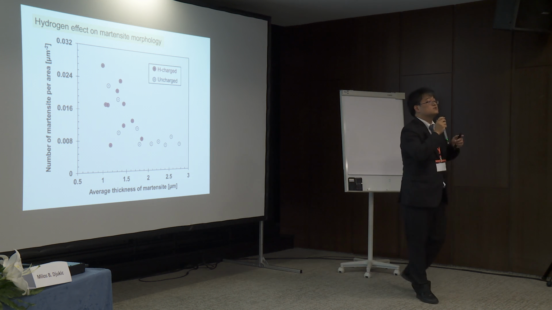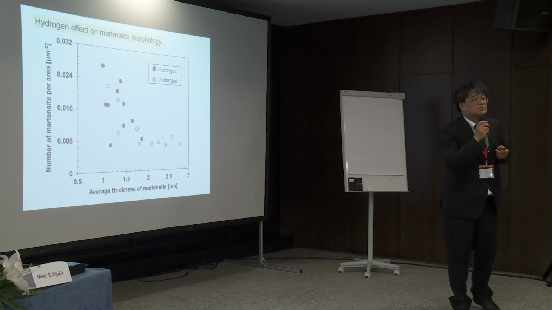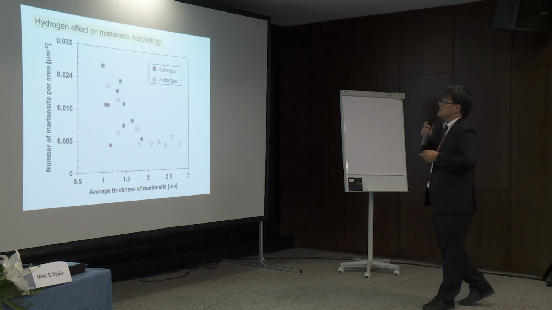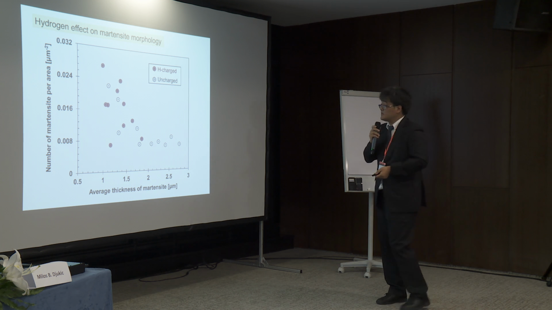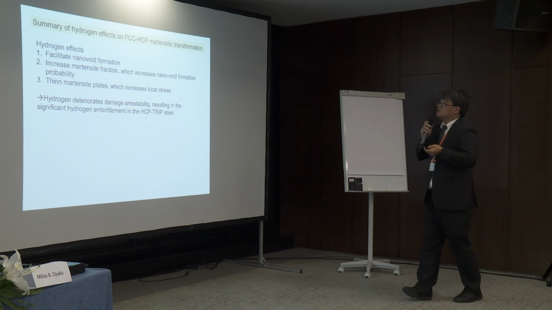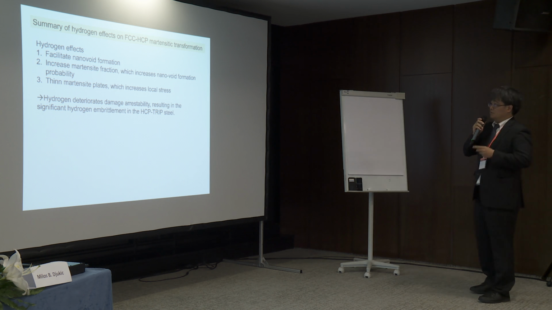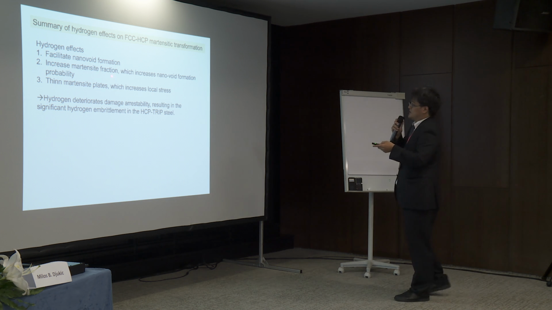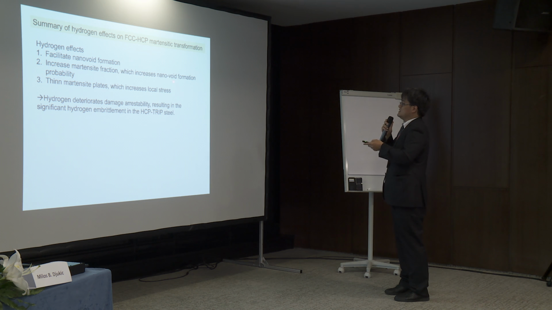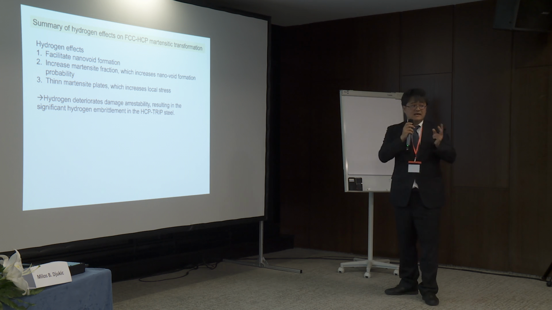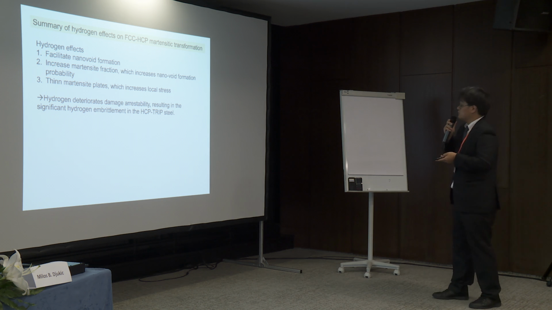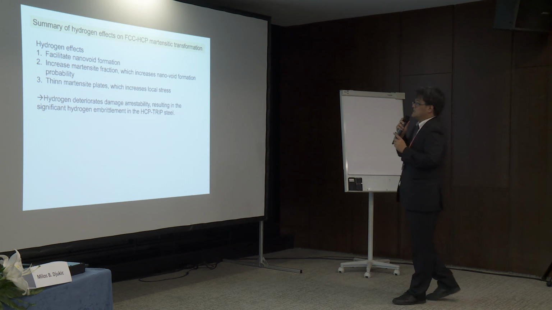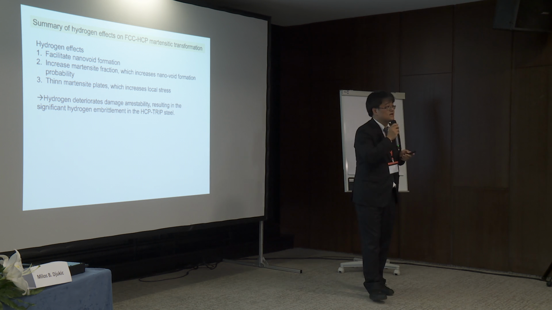That means hydrogen decreases the thickness of martensite. That causes an increase in local stress, for example at the tip of the martensite plate. Therefore, hydrogen facilitates nanovoid formation by increasing the martensite fraction, which increases the nanovoid formation probability. Thin martensite plates can further provide a local driving force. Then hydrogen deteriorates damage arrestability, resulting in a significant hydrogen effect in the HCP.